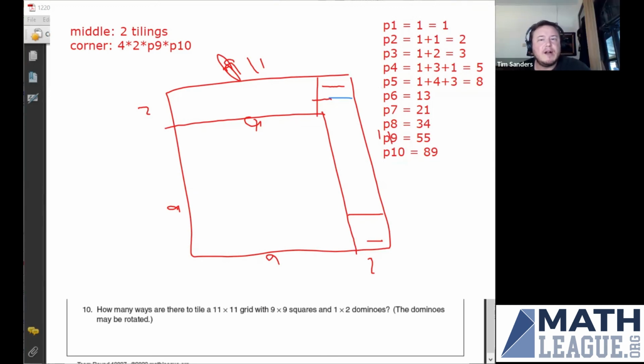Let's do it. 55 times 2 is 110, so that's helpful. And then what am I left with? 4 times 89. Well, 4 times 90 is 360, so that's 356. So 3560 times 11 gives me 39160.